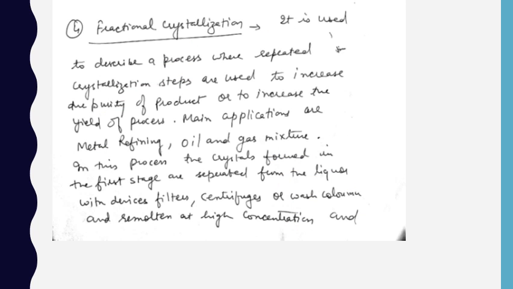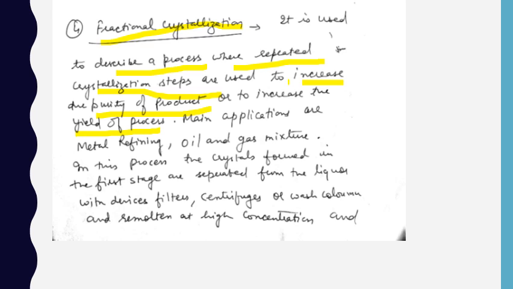The last type of crystallization is fractional crystallization. What is fractional crystallization? It is used to describe a process where repeated crystallization steps are used to increase the purity of the product or to increase the yield.